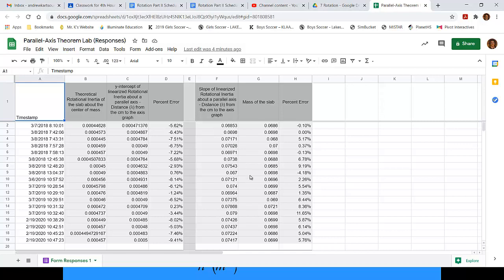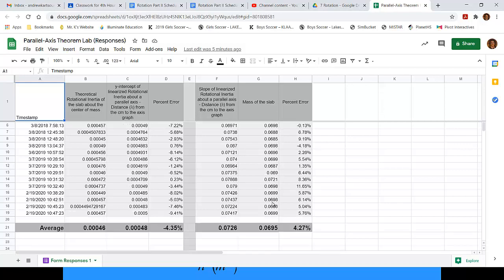Well, kilograms are mass. The only mass we have is the mass of the slab itself that was rotating. So here's the masses of the slab, which is about 0.0695, and look at those numbers. They're pretty close to one another.